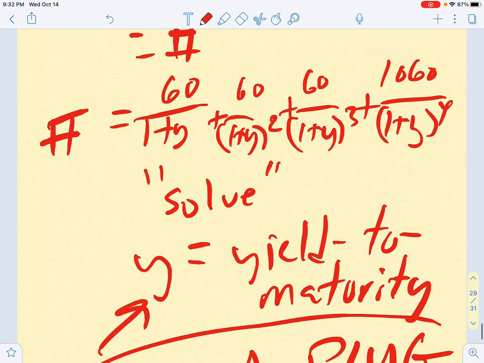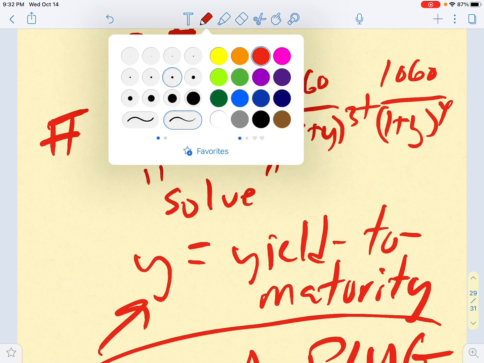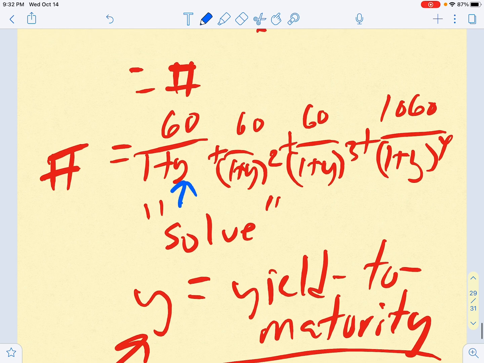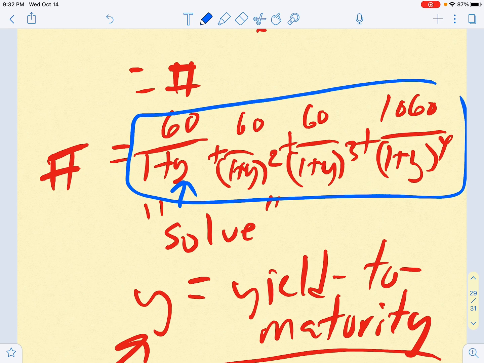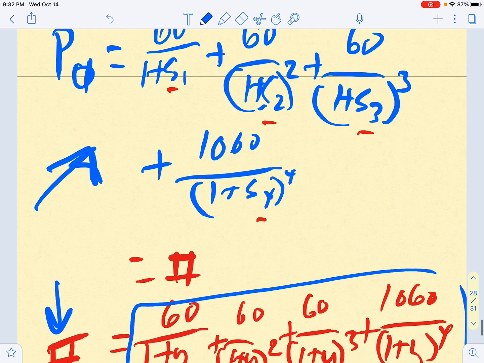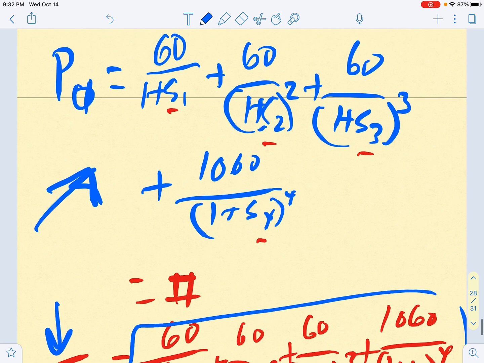Well, the yield to maturity is just the value of y that causes this side of the equation to equal this number. And that number was the real price of the bond, where this risk-free bond had each of its cash flows discounted at the appropriate spot rate, unique to it, based upon when the cash flows occur.